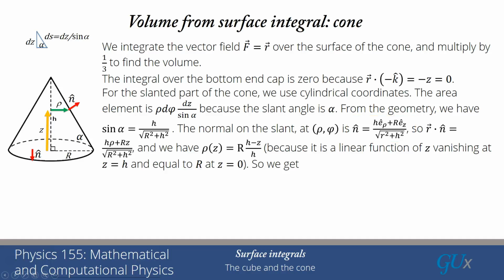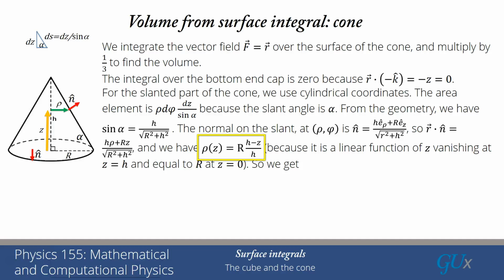So using the fact that the vector r is equal to rho e hat rho plus z e hat z, it actually has no e phi dependence. That tells me that r dot n is going to be rho h plus zR, and that will then be divided by the square root of big R squared plus h squared. Now that is a component that's going to go into the integrand, and the final thing I need to note is that the value of rho is determined by whatever the value of z is.